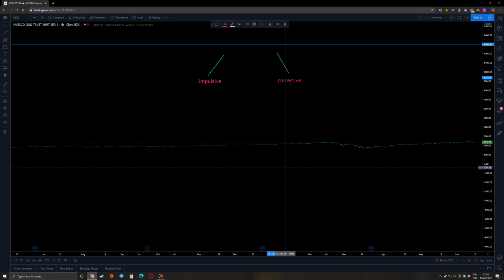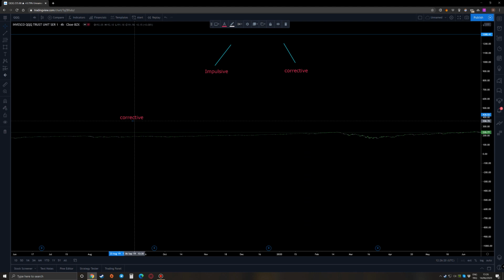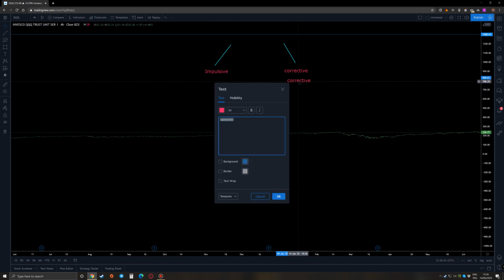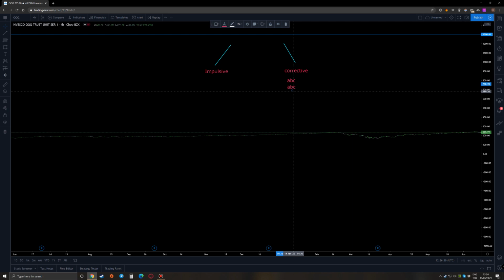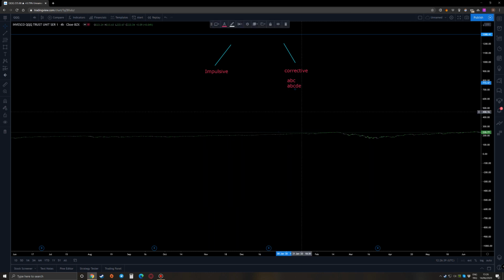Now in this corrective move, you have to learn some of the ideas. First thing you have to know: if you see a corrective move, it is labeled with letters. So it has to be ABC. It can be ABC, or it can be A, B, C, D, E in a triangle. For now, this is what you need to know.